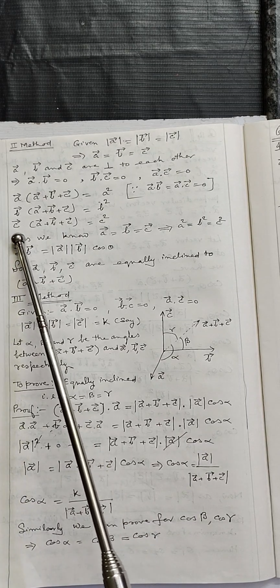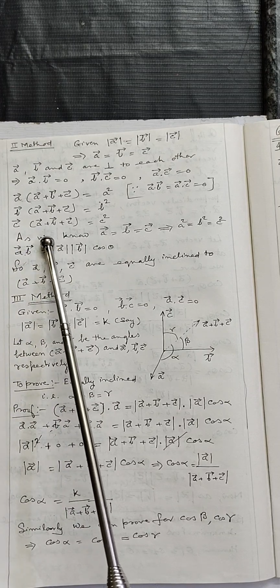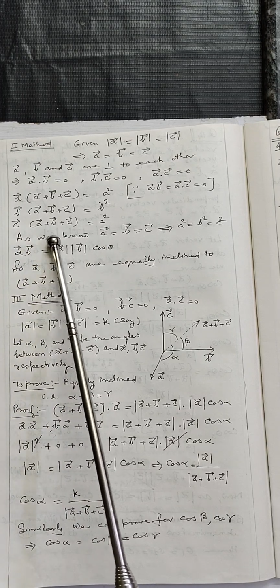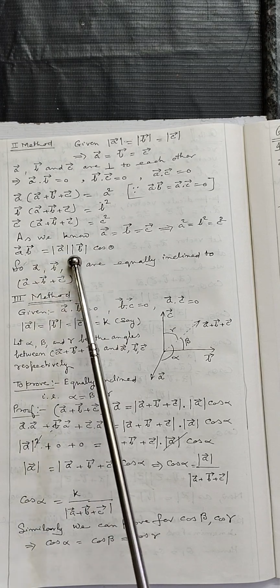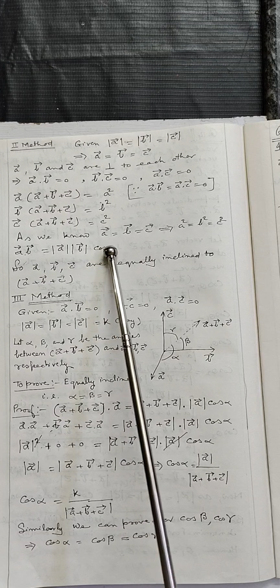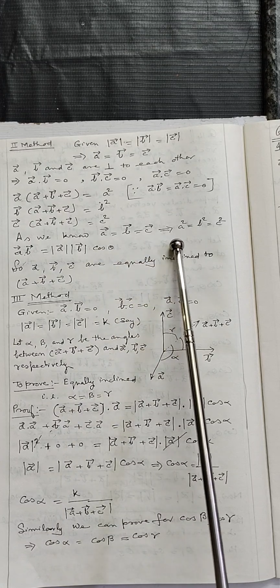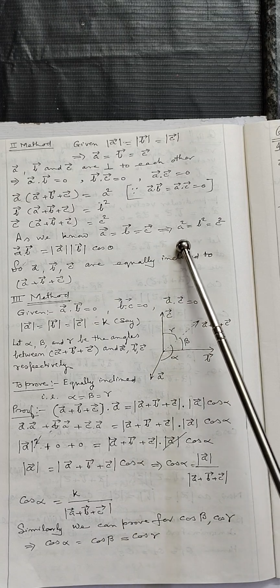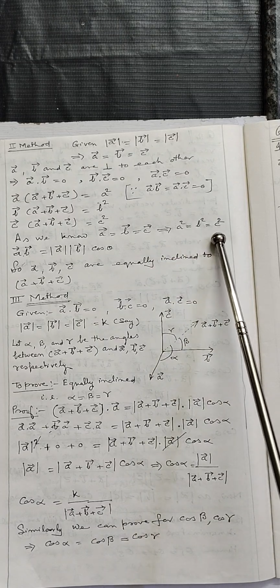In the third case, when we multiply it by the distributive law of multiplication over addition, we get C square. As we know that vector A is equal to vector B is equal to vector C, it means that the square of the vectors, A square is equal to B square is equal to C square.